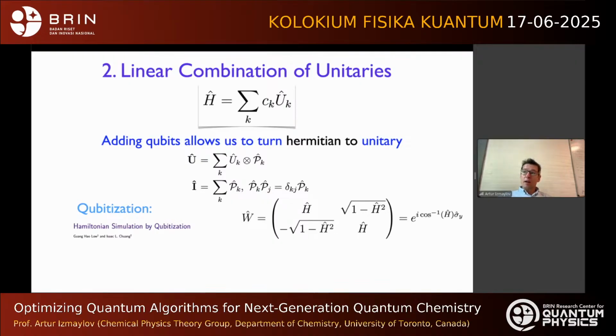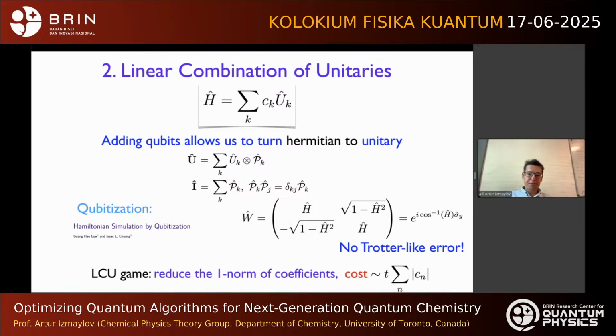And the phase will be arc cosine of energy. So then you could just take a cosine of the phase and you get the energy back. Now, the nice thing about this approach is no Trotter-like error. There is no non-commutativity here. There are no commutators involved.